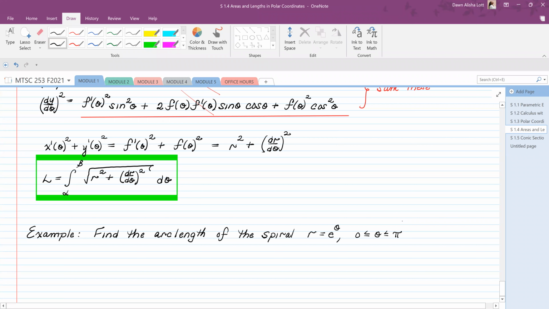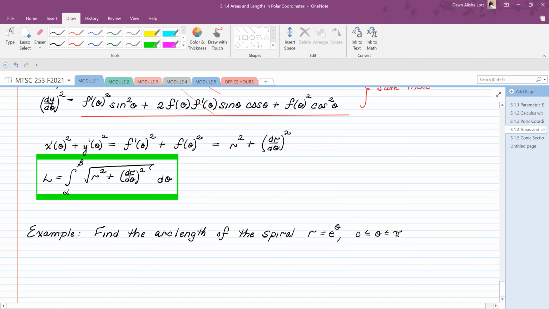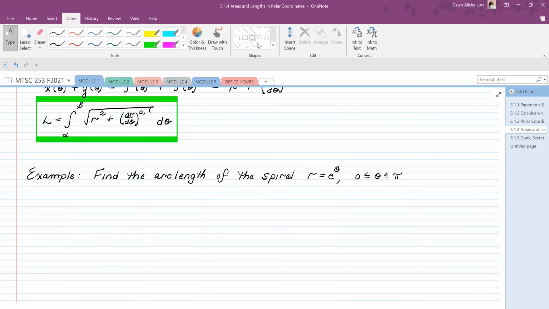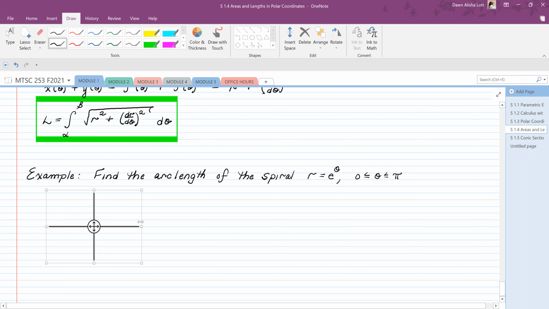Clearly as theta gets bigger, r gets bigger, so this is a spiral. When theta is 0, it starts off at 1, and then it just keeps getting bigger. That's from 0 to pi. So we want to find that arc length.